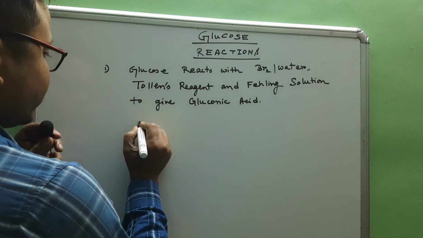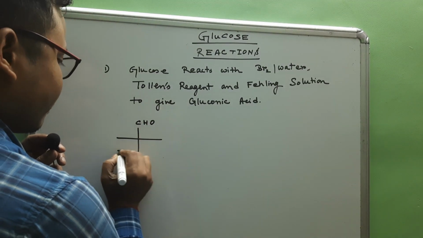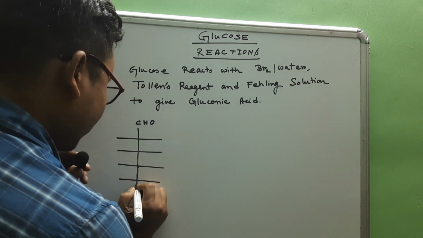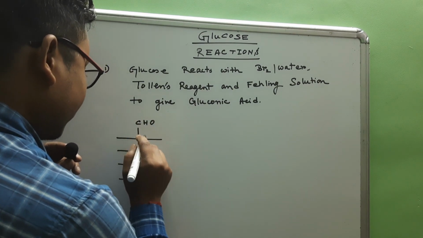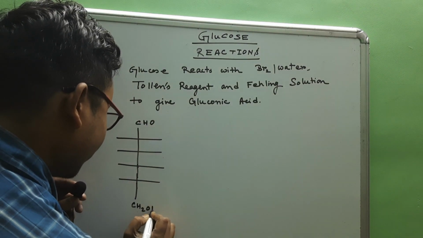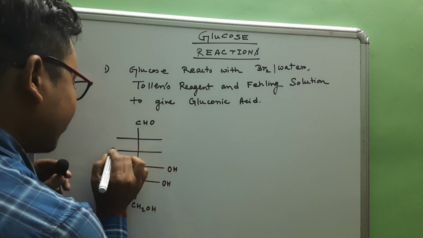So this is the glucose, with carbons 3, 4 and CH2OH.